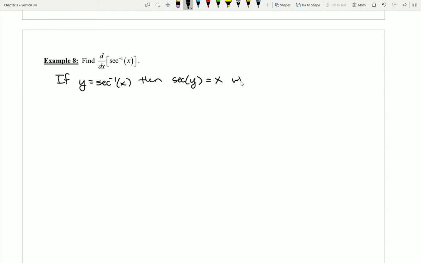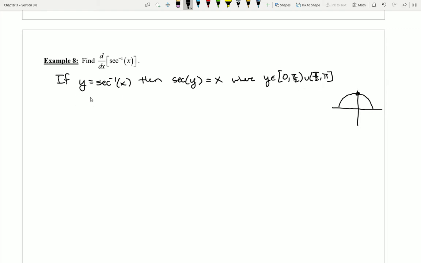But of course, y comes from a particular restricted range. y has to be an angle either from 0 to pi over 2 or from pi over 2 to pi. In terms of the unit circle, that means I'm working with only the top half of my unit circle right now, excluding the very top where the angle of pi over 2 would be pointing me.